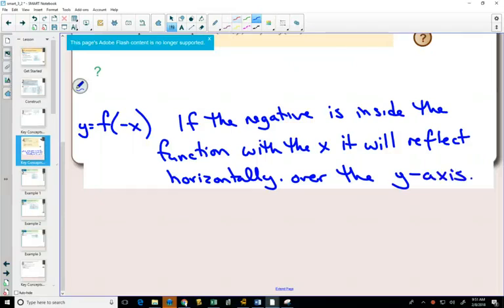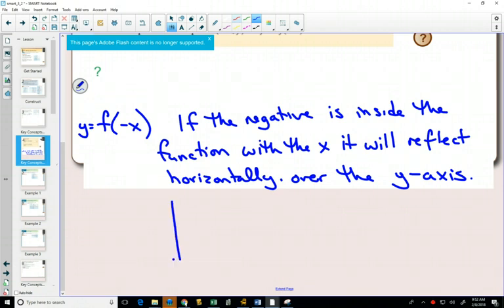over the y-axis. So one of the things we noticed with translations is when we had values inside the function, they moved things horizontally, left and right. When we have a negative inside the function, it's also going to act horizontally.